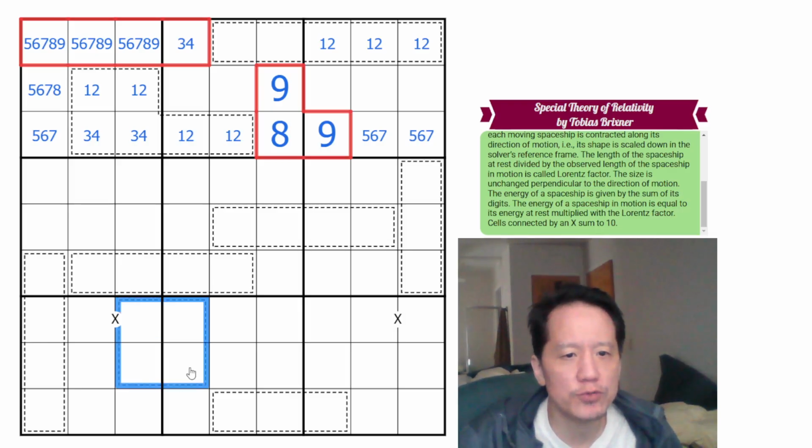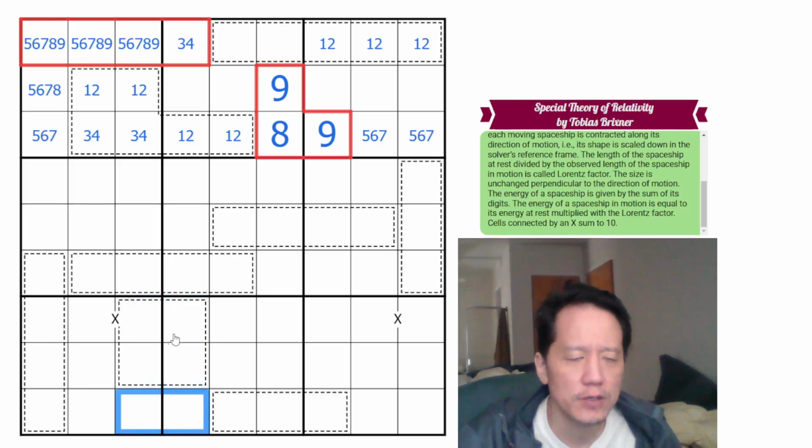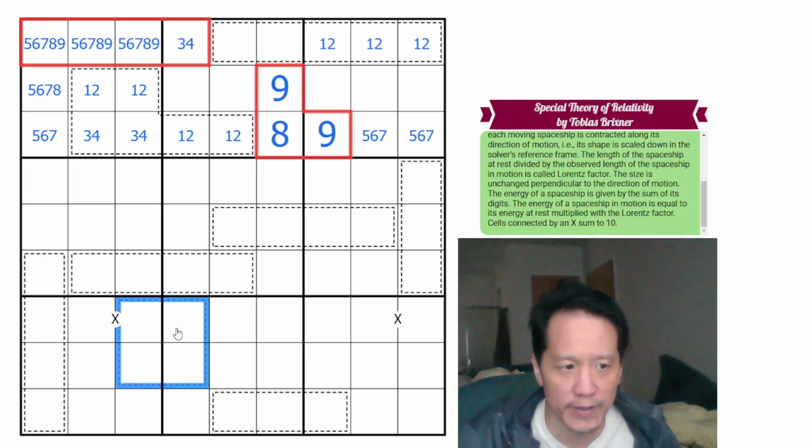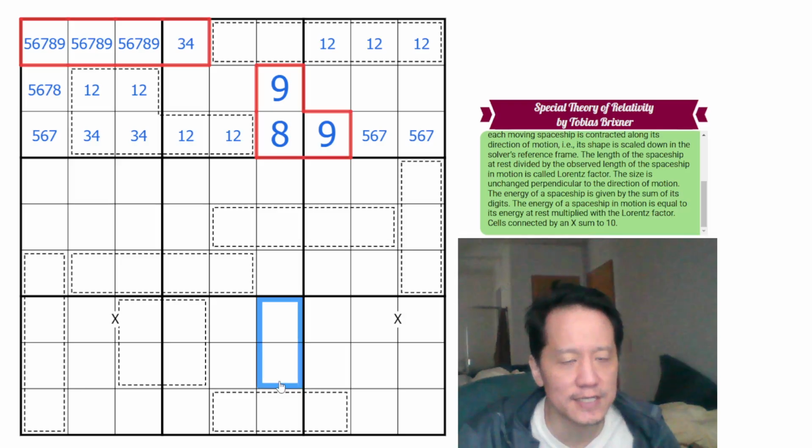This is in a 2-to-1 ratio, and it has to shrink. The thing is, this is at least 1 and 3, and this is at least 1 and 3, because if it's 1 and 2, it eliminates all possibilities for that cell and that cell on either side. So this is at minimum 8. Well, if you double it, that's 16.